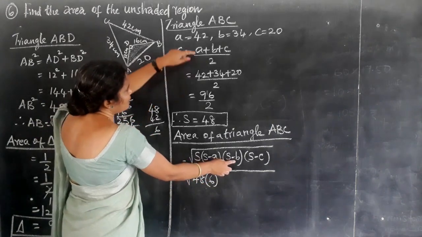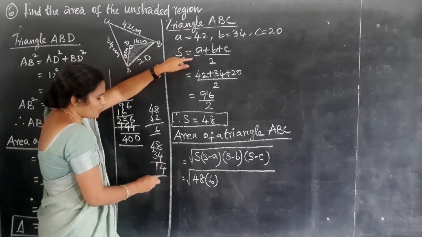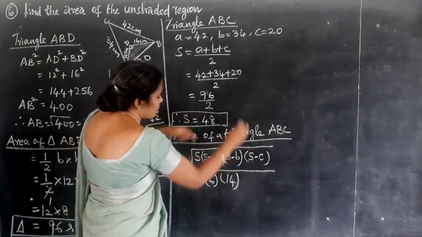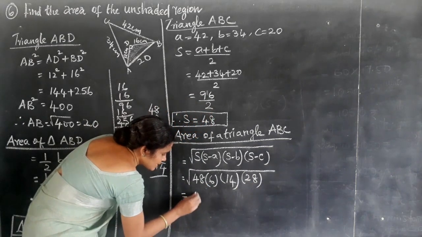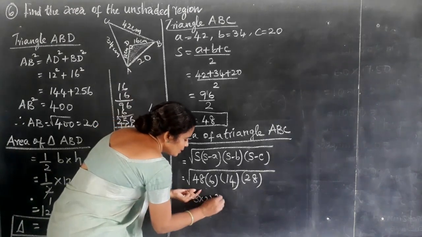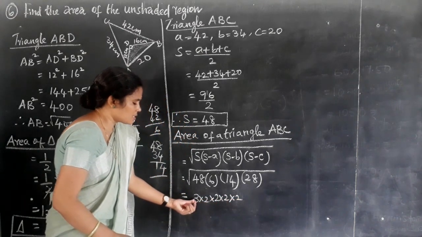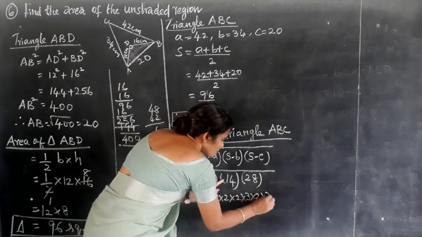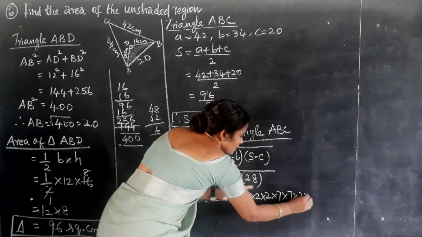And 48 minus b, that is 48 minus 34, 14. And s minus c, 48 minus 20, 28. So 48 is 3 into 2 into 2 into 2 into 2, 14 is 7 into 2, and 28 is 7 into 2 into 2.